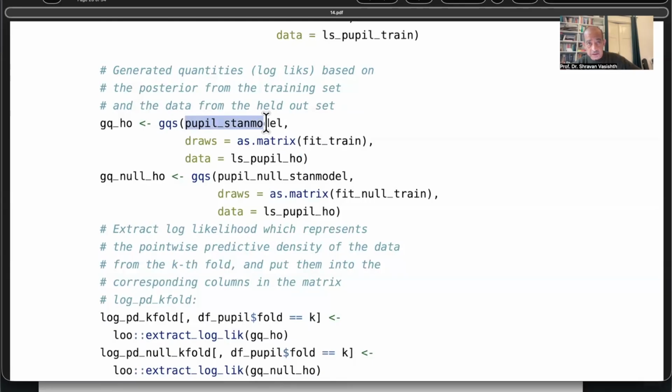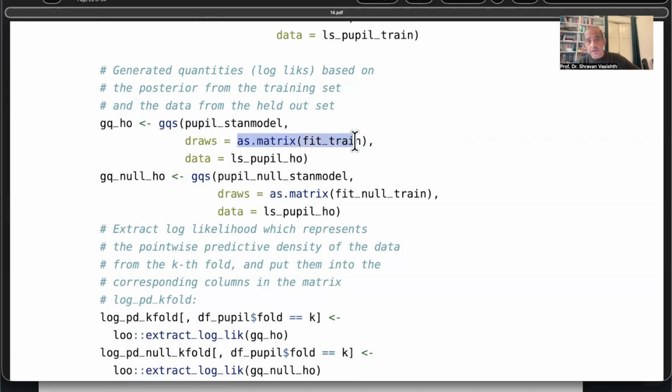You give it the precompiled model, and you extract the log likelihoods for the held out data. Okay, for the held out data, so there are 4 data points.